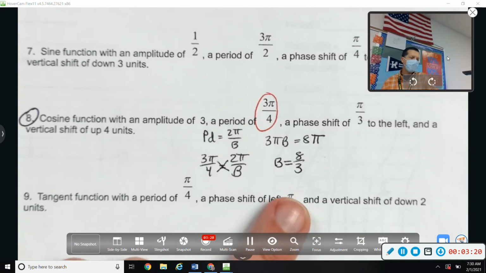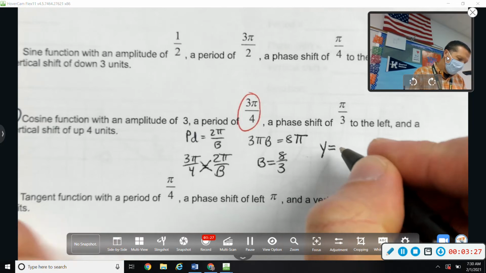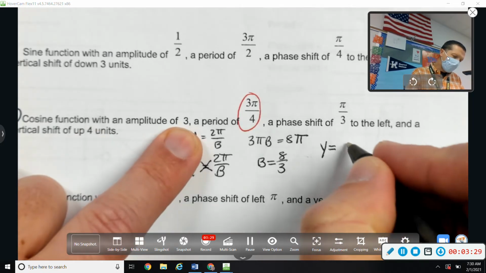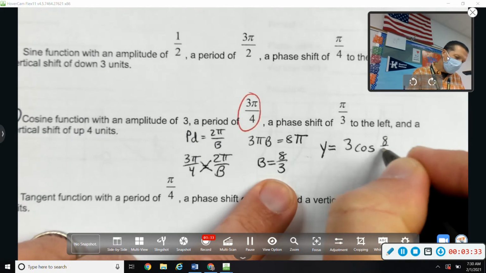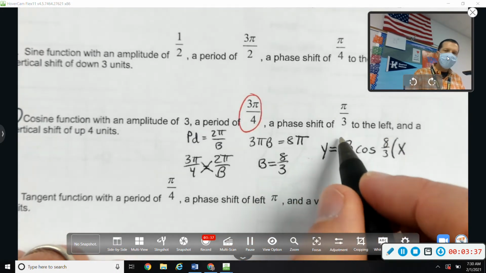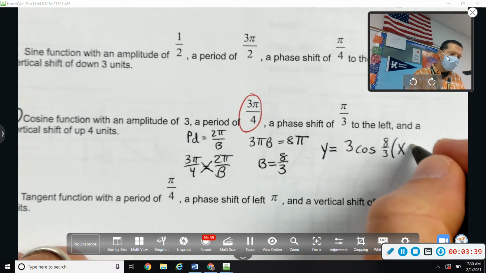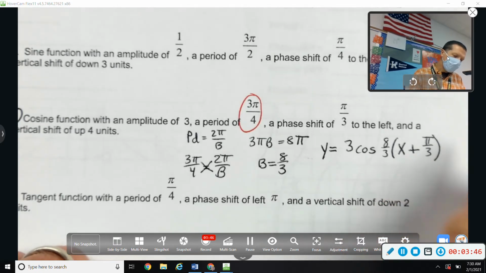That's not one that you could look at and figure out what b is on your own, most likely without setting it up. So y equals amplitude 3 cosine, b is 8/3, pi over 3 to the left, so that would be x plus pi over 3, and a vertical shift of up 4.